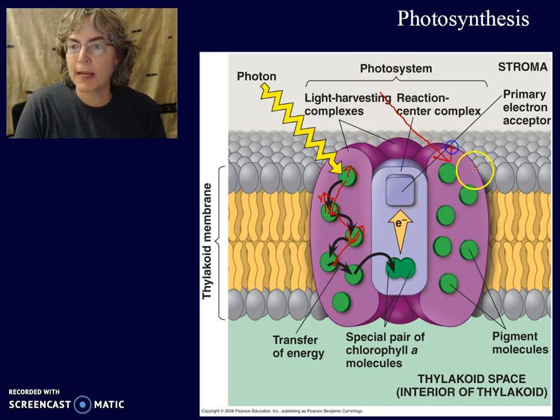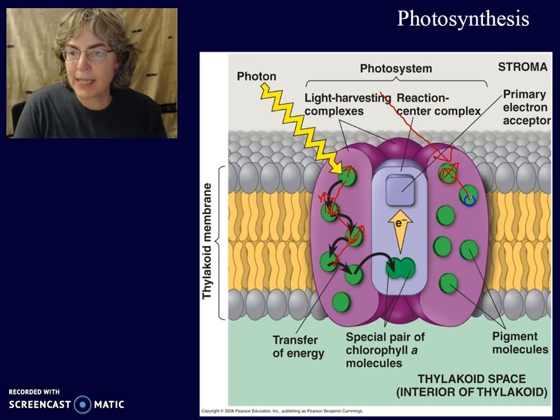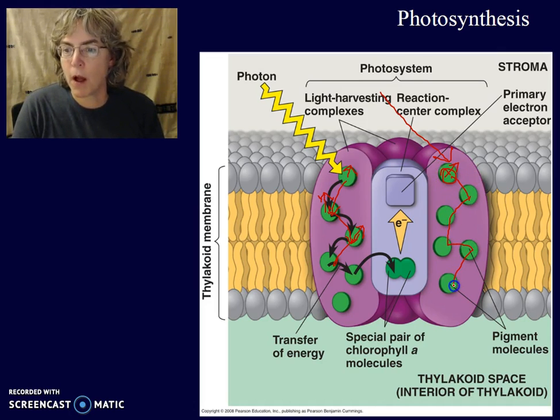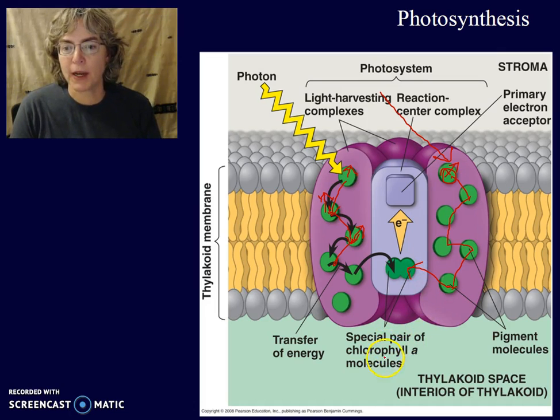We've got light coming in over here and energizing these chlorophyll A molecules, bumping up the electrons to a higher energy level and passing that energy from molecule to molecule until finally all that energy gets passed to these special molecules right here, special chlorophyll A molecules.